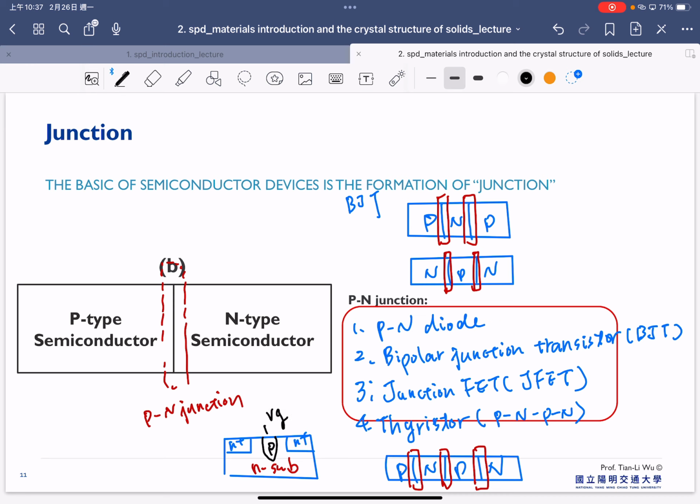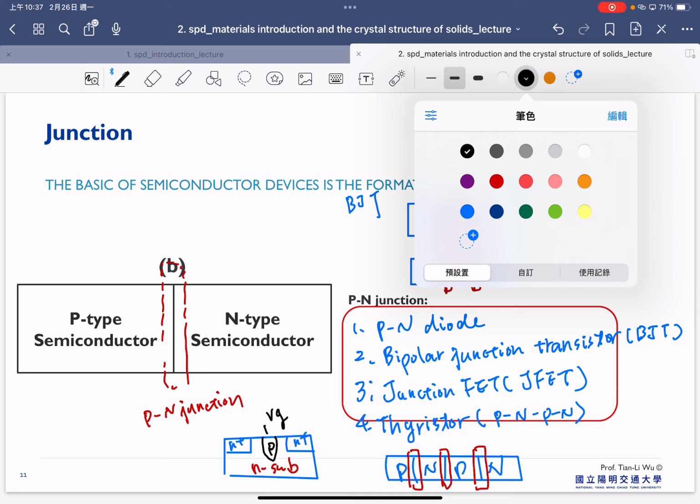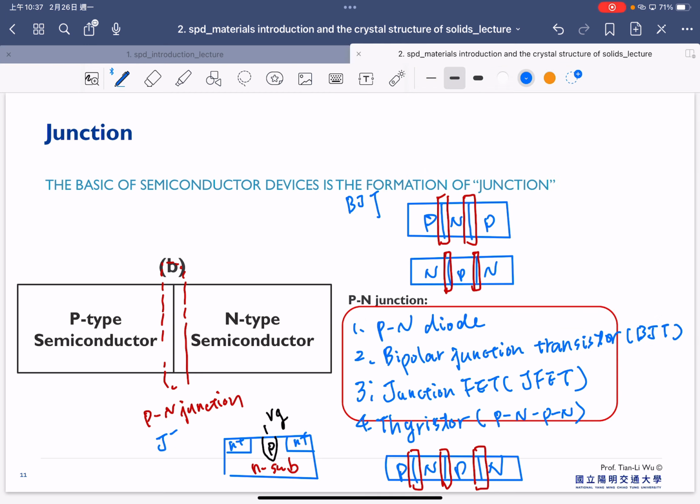So this is a JFET. We control the channel by applying the bias in the P-type region in the channel. And in this case, for sure, we have the PN junction here. This is the place where we have the PN junction, and that will highly determine the characteristic.